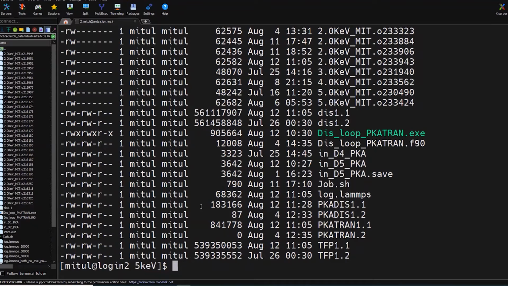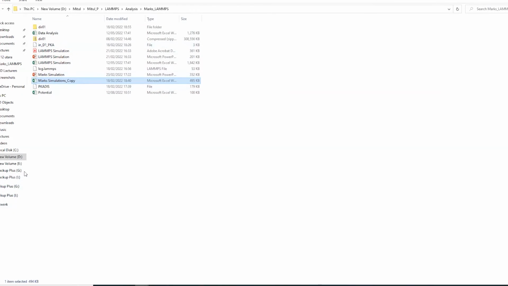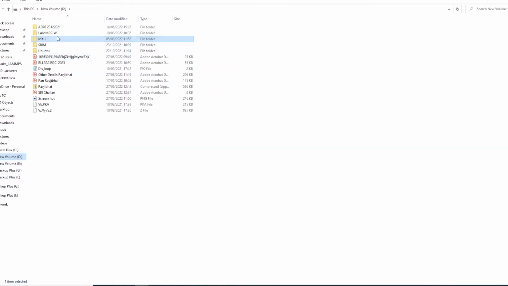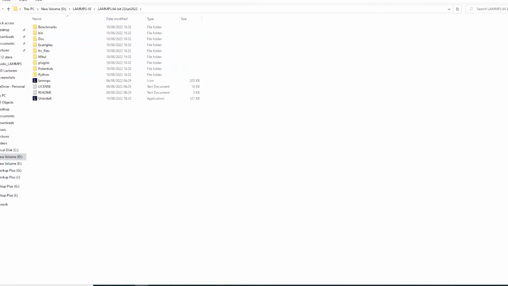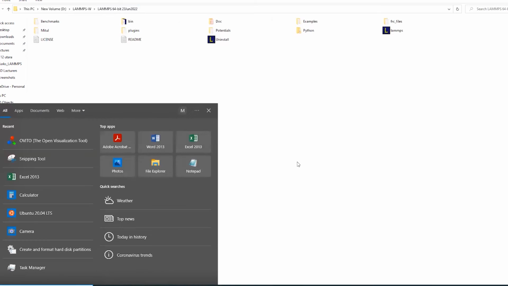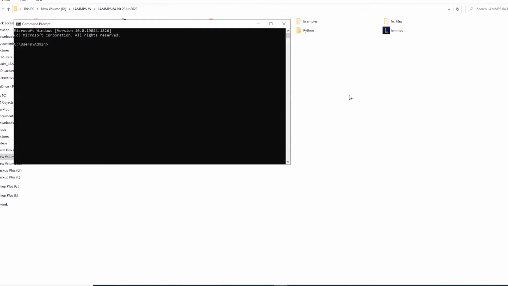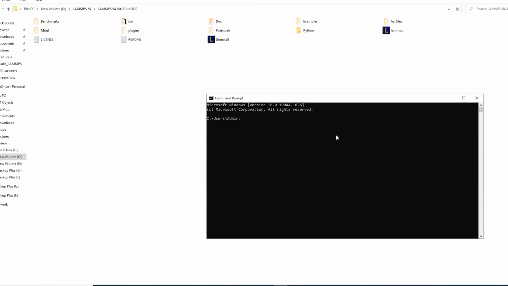But if you have installed it on Windows, I'll tell you how, just a minute. Those who are using Windows have to open the command prompt and then go to that directory.